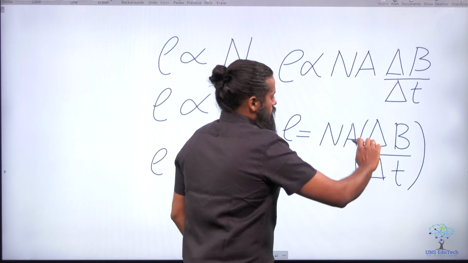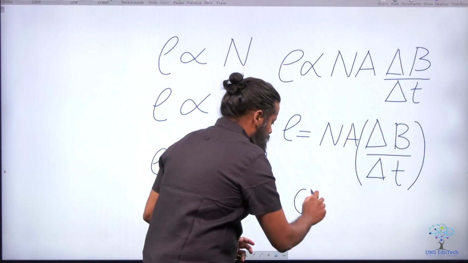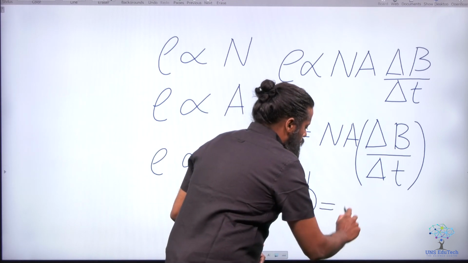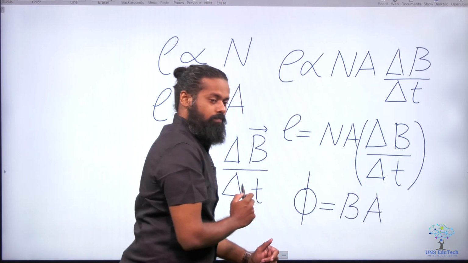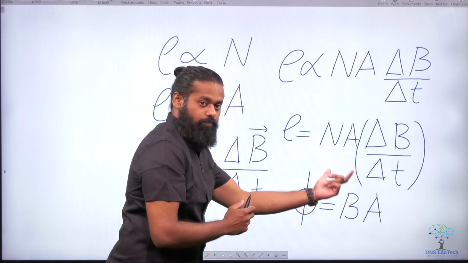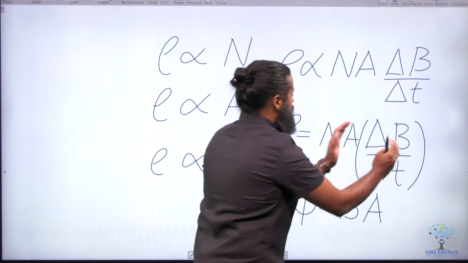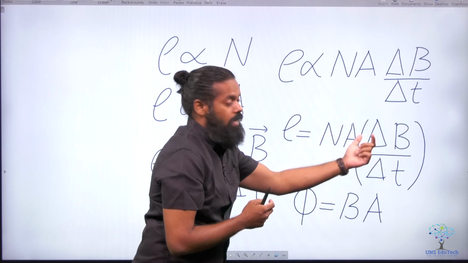Now, there is another important quantity in electromagnetic induction, and that is flux. Magnetic flux phi is nothing but the product of magnetic field and area of cross section, so phi is equal to B A. If I replace that here, N into A into delta B becomes delta phi.